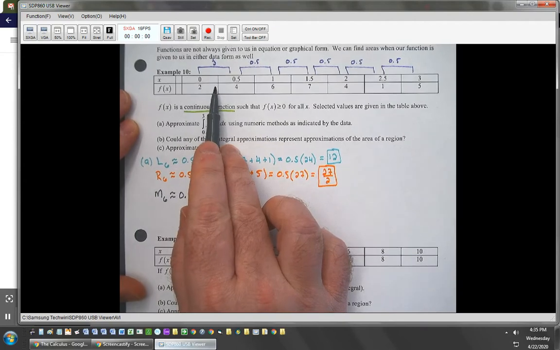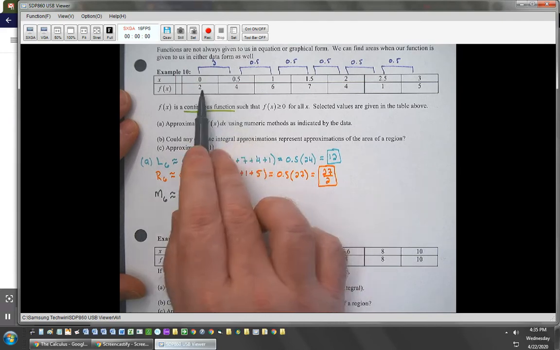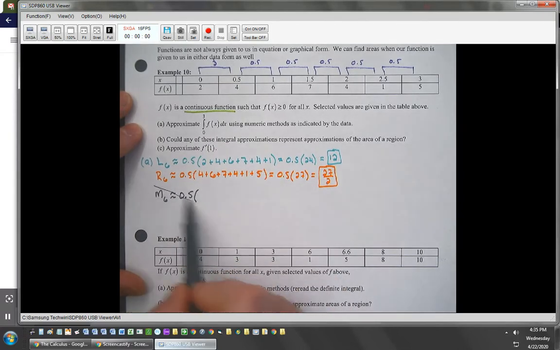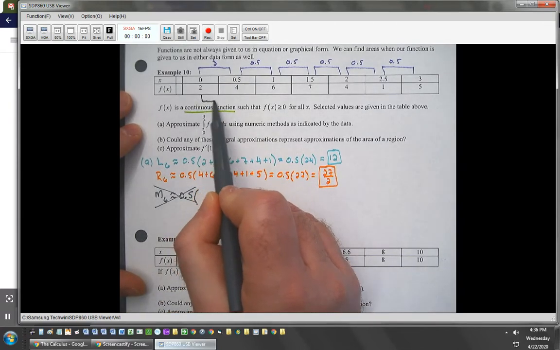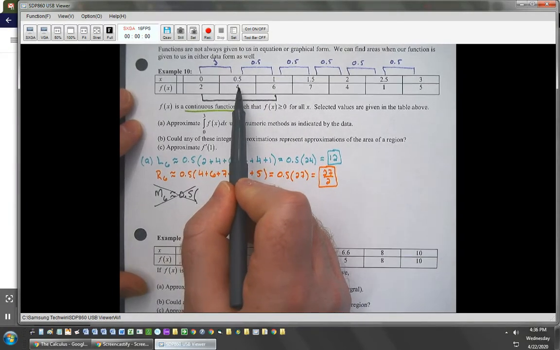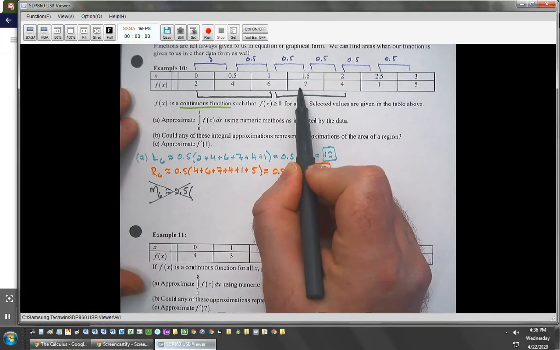You've got to change your intervals here because I have no idea what happens in between these two values. So instead of having an M6, I want to divide this so that I have midpoints. So I'm going to use this to this as one interval because it has a midpoint. I'm going to go from here to here because it creates a midpoint.